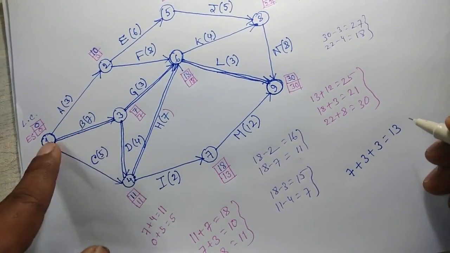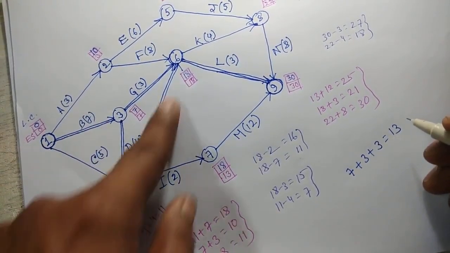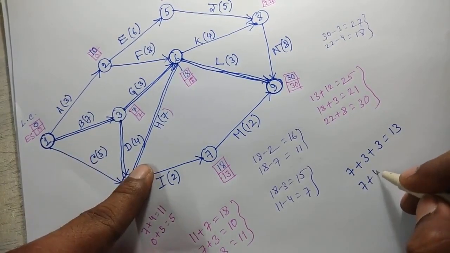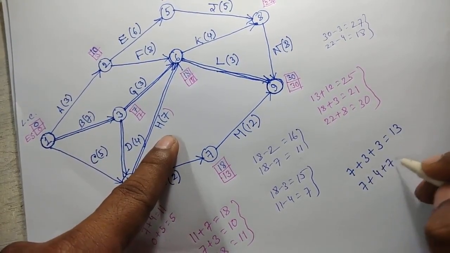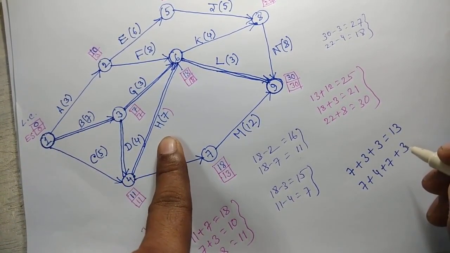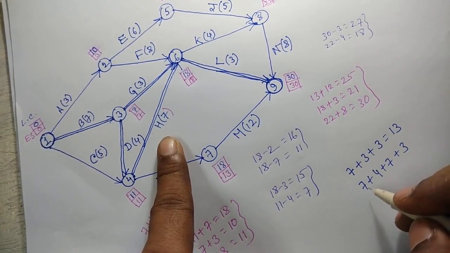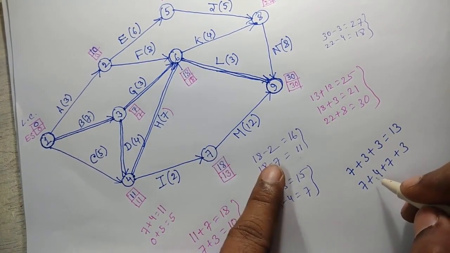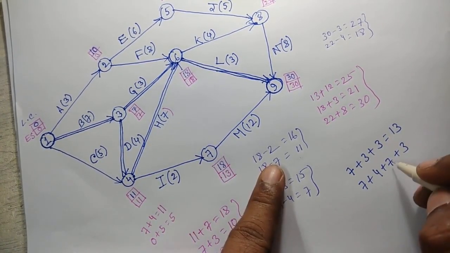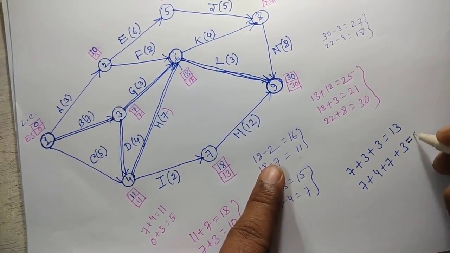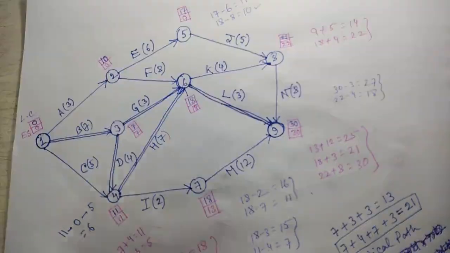Now here, for this route, 7 plus 4 plus 7 plus 3. That is 14, 18, 21.